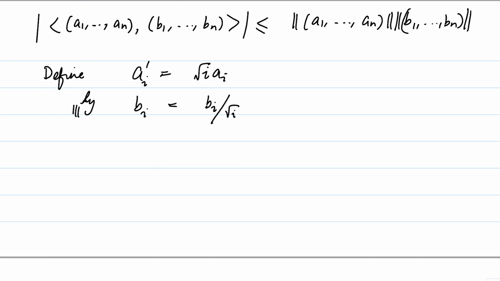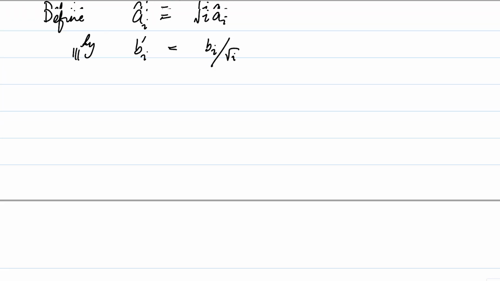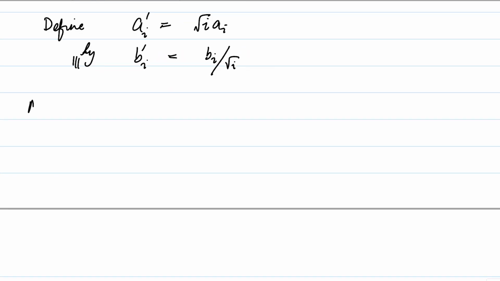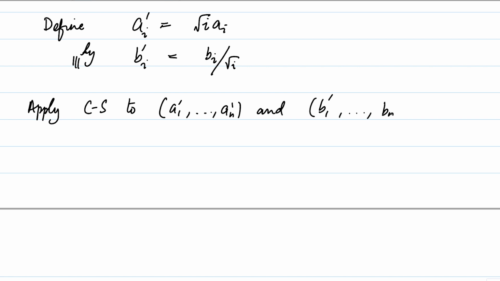So we will define ai prime and bi prime in this manner. We will not apply Cauchy-Schwarz to our a1 to an and b1 to bn. We will apply it, let me shorten it to CS for Cauchy-Schwarz, to a1 prime up to an prime and b1 prime up to bn prime.